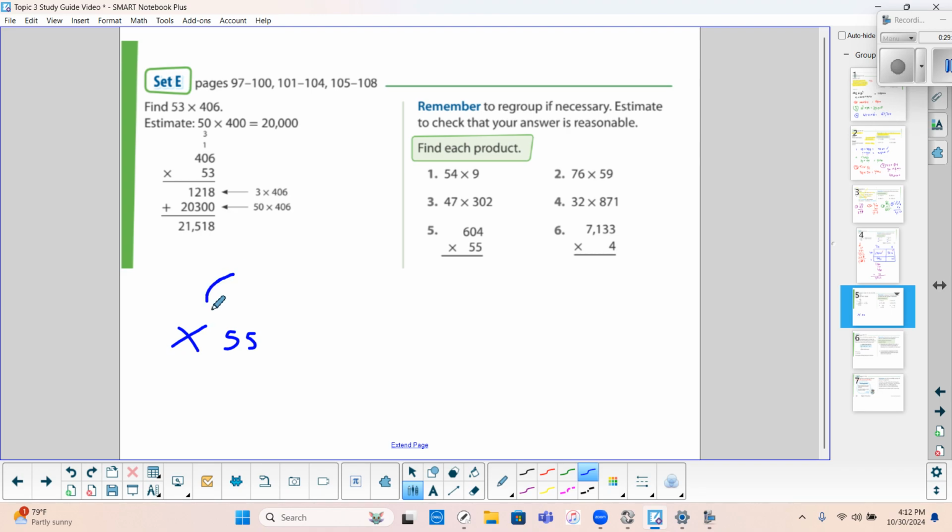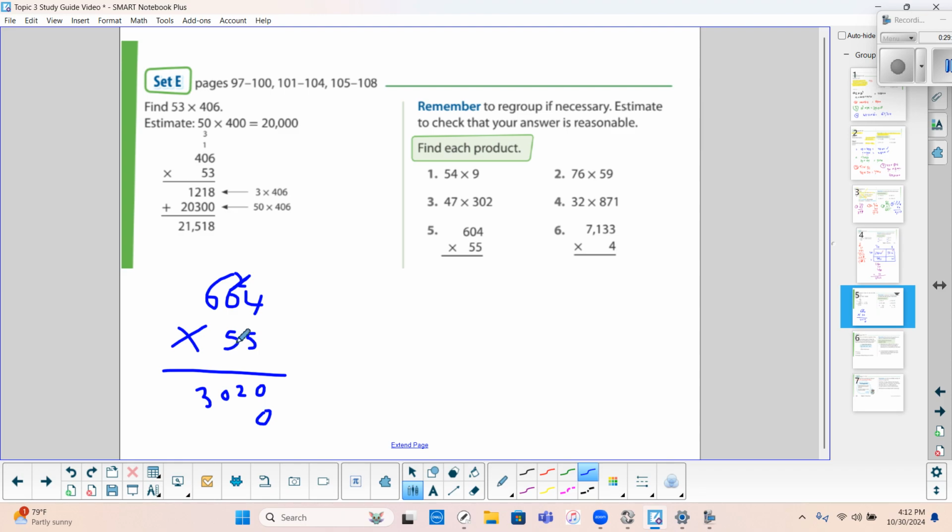55 times 604. All right, well, 5 times 4 is 20. Carry the 2. 5 times 0 is 0, plus 2 is 2. And then 5 times 6 is 30. Now, in the next place value, I'm going to cross out that 2 there. Start here, because this isn't 5 times 4, it's really 50 times 4.